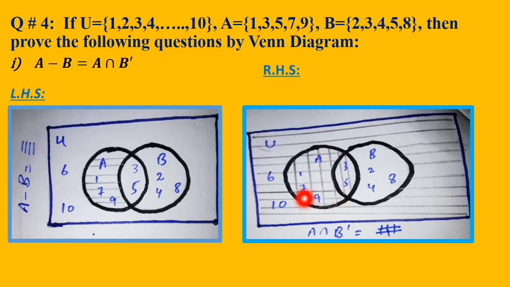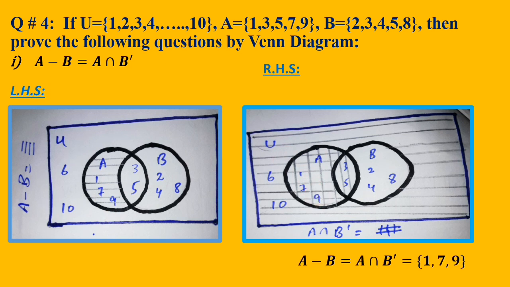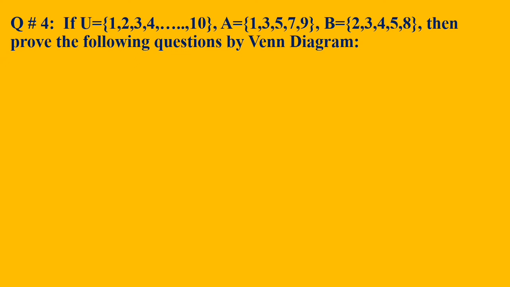So the area in the form of a checker box, where horizontal and vertical lines are both present, will be the area of A intersection B complement. You can see that this area and this area are both the same, so left hand side is equal to right hand side, and the elements are 1, 7 and 9.